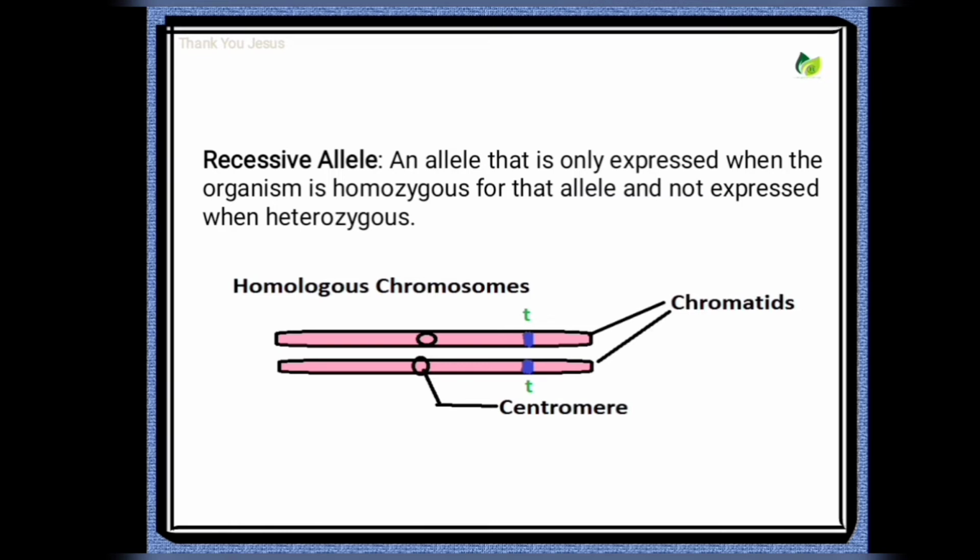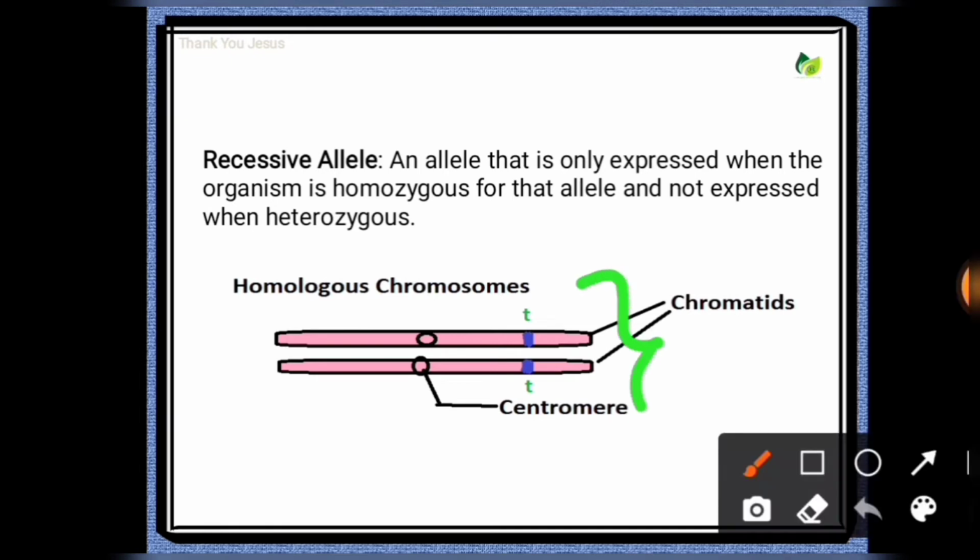Such an allele is called recessive. Here you have to observe the homologous chromosomes having two small t's. In such a case only the dwarfness will express. That's why this is called a recessive allele.